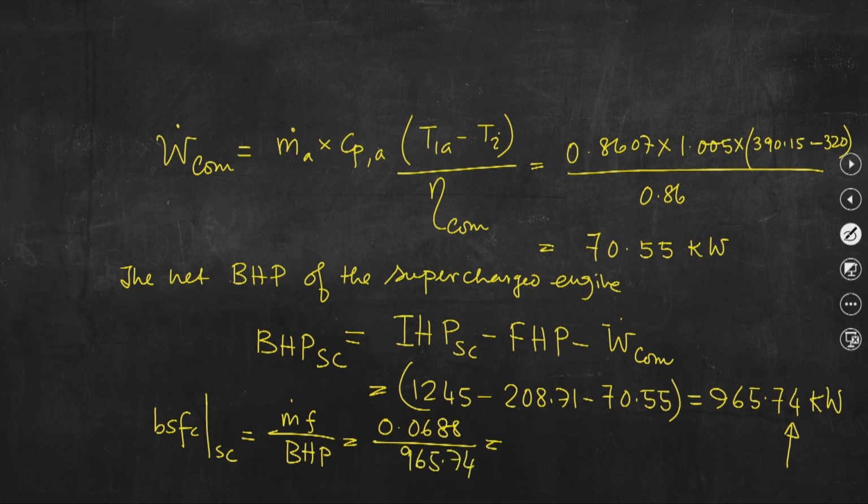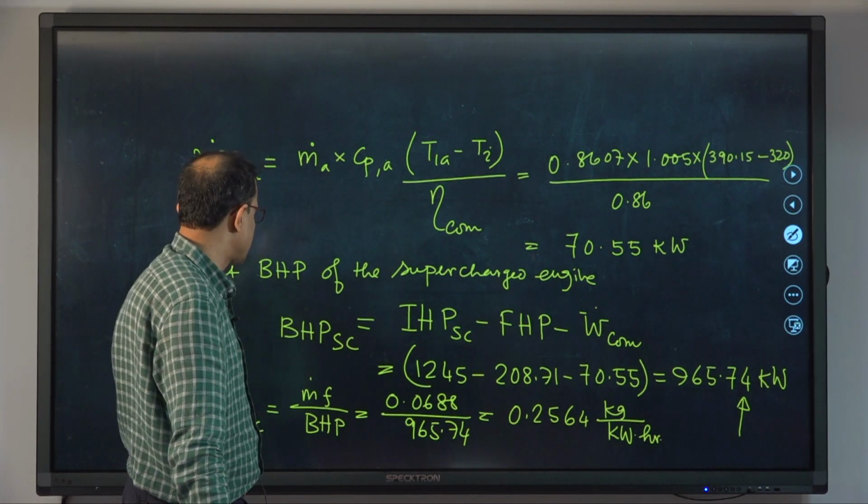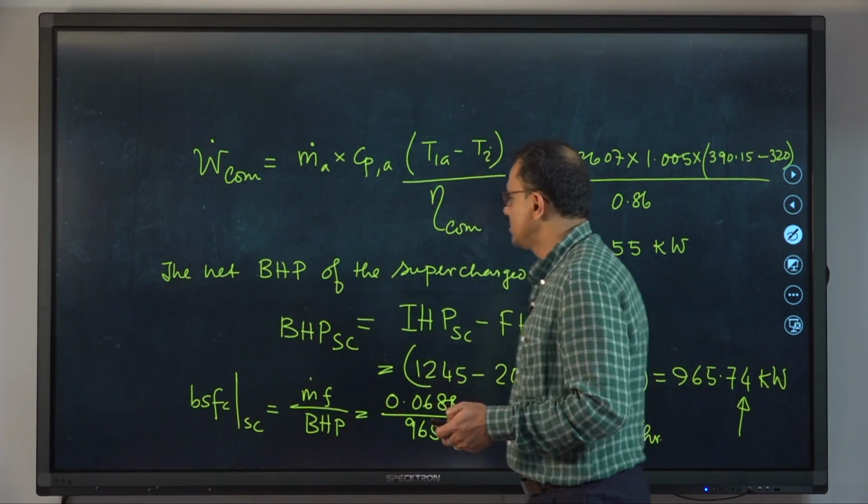The unit should be kg per kilowatt hour. First of all you will get it in kg per kilowatt second, then multiply by 3600, and you will get kg per kilowatt hour. So, this is the answer to the second part of the question.